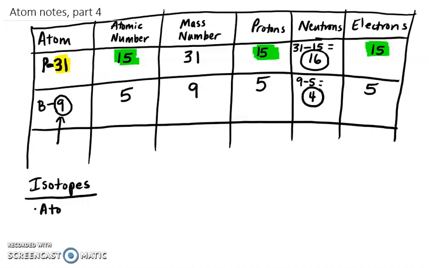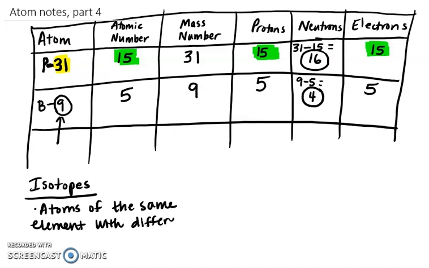They are atoms of the same element with different numbers of neutrons. And because they have different numbers of neutrons, their mass number is going to be different.